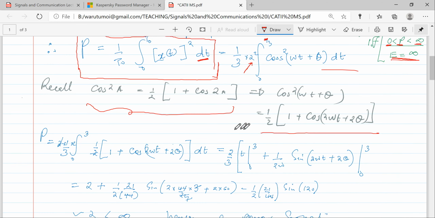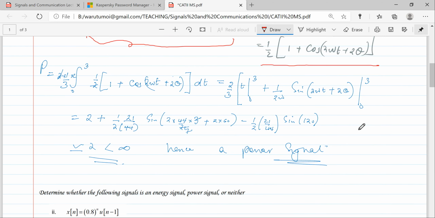Moving forward, we can now evaluate our integral. Remember, we put 2 squared outside, over 3. Because of the half, the amplitude factor comes out to be 2 over 3, as this cancels with this.